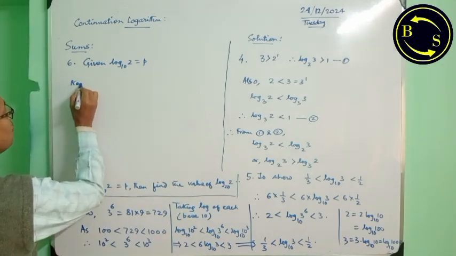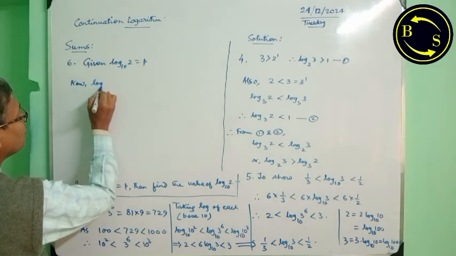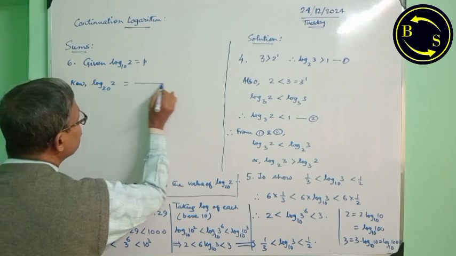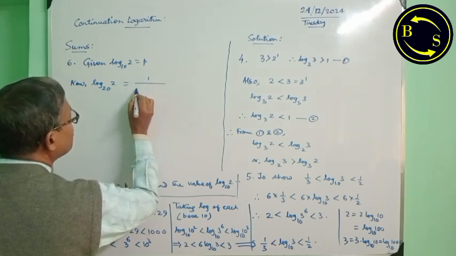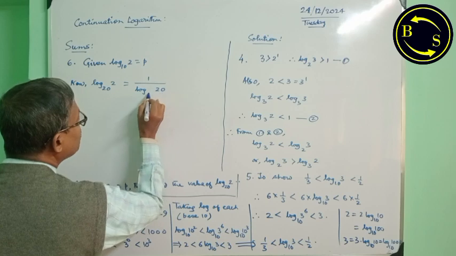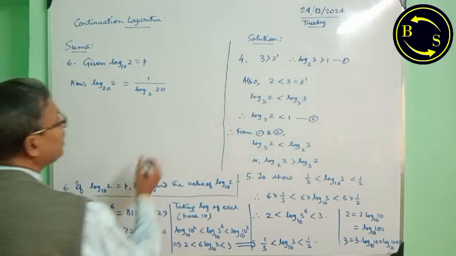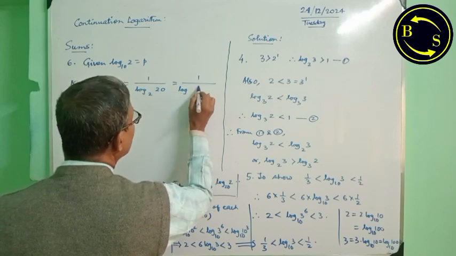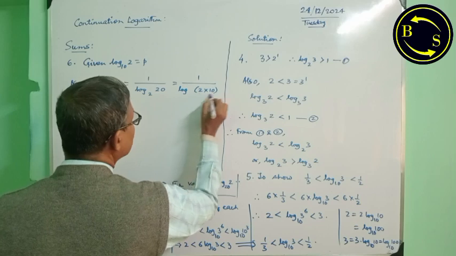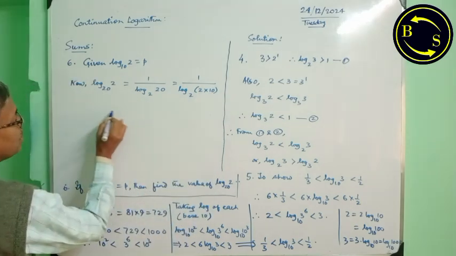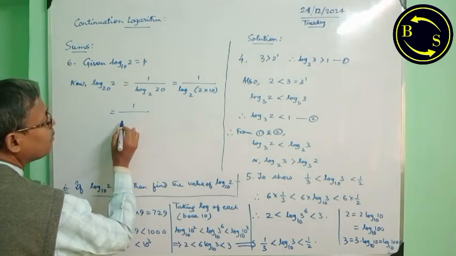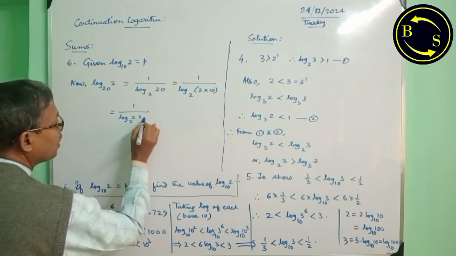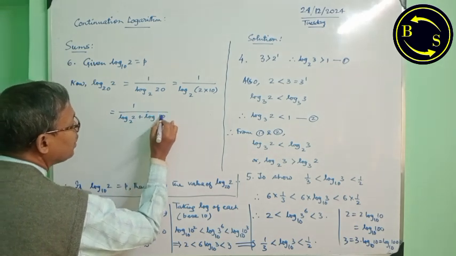Now, log of 2 to the base 20, using the base changing formula, we write 1 by log of 20 to the base 2, and that is equal to 1 by log of 20 can be written as this one, that is equal to 1 by log of 2 to the base 2 plus log of 10 to the base 2.